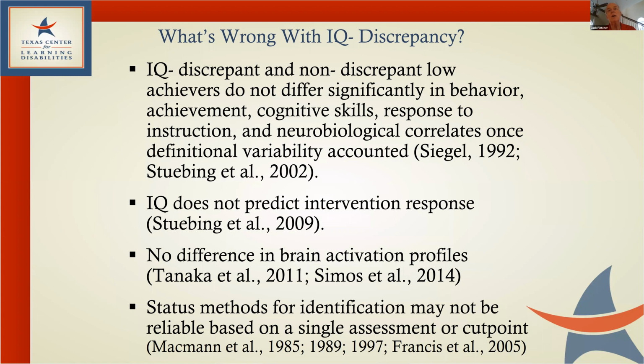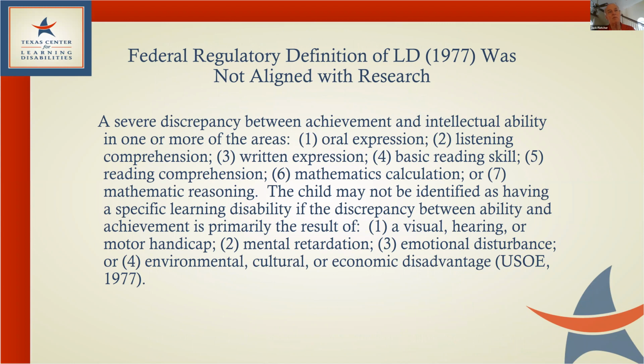So if you're using a set cut point and you're using it as a formula, your ability to identify kids reliably around a particular discrepancy is weak. You simply won't make the right decisions, and you'll find a lot of flip-flopping of kids if you do that over time. So you really need to move away from formula-based kinds of discrepancies.